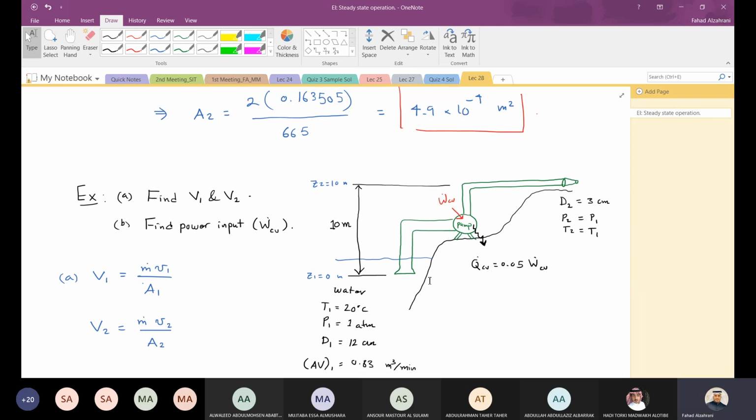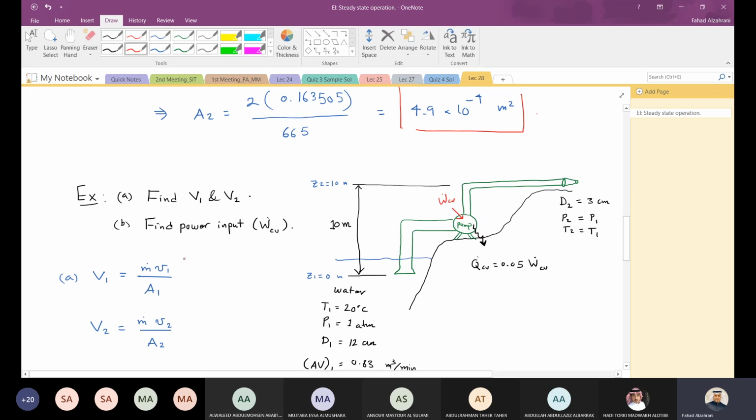And as you can see, shabab, here in the solution for the first part, since this is velocity, for velocity and area, etc., I can think of first the mass flow rate equation. So from the mass flow rate equation, I have V1 equals m dot times specific volume at the inlet state divided by the area at the inlet state.